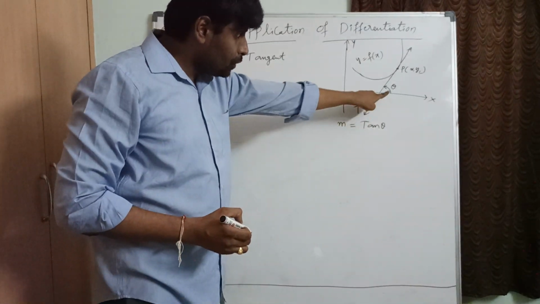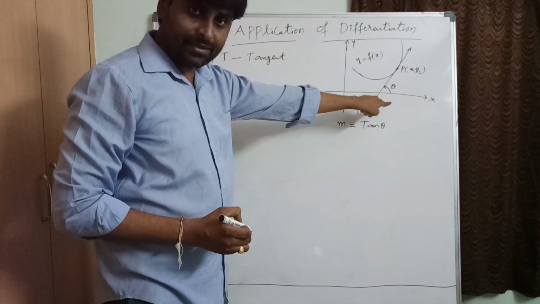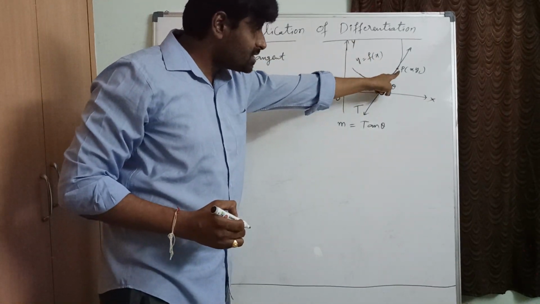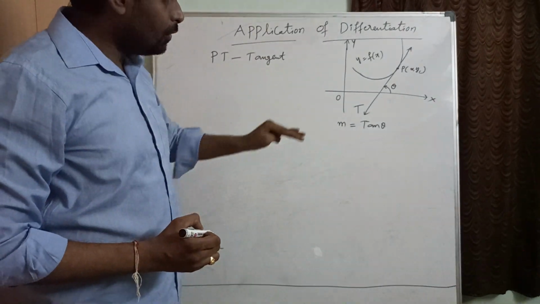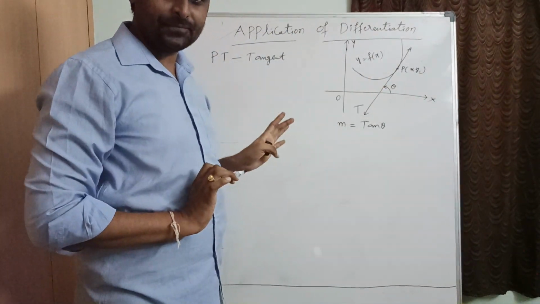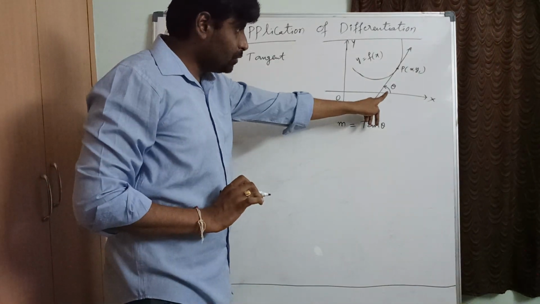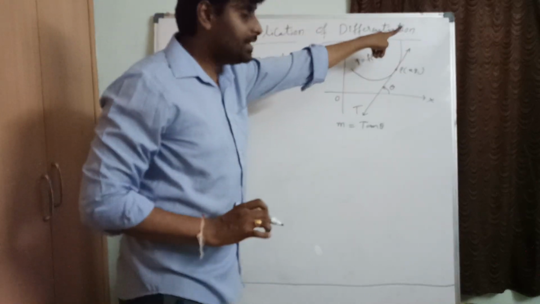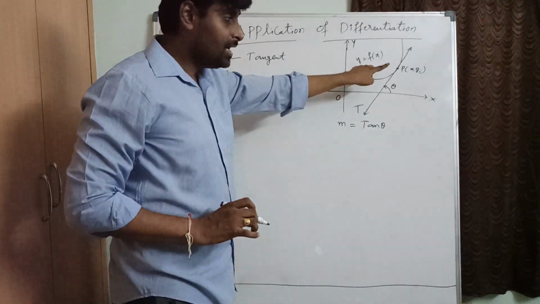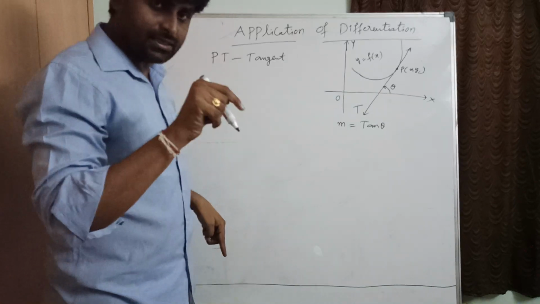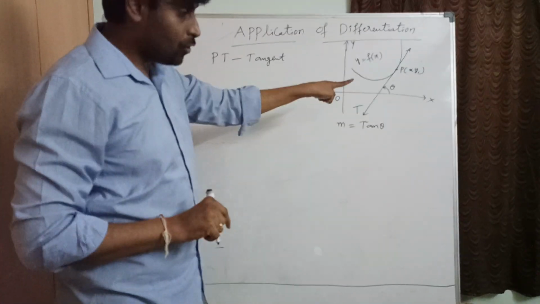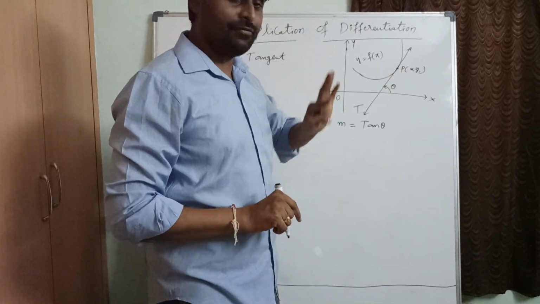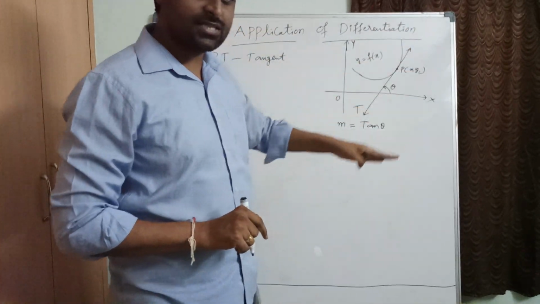For example, if you don't know the inclination of this line, just by using this curve and this point of contact, how can you find the slope of the tangent line? Let me repeat. If you don't know the inclination of the tangent line, you are just given the equation of the curve y equals f of x, and the point of contact where it touches the curve is also given. Then by making use of this curve and this point of contact, how can you find the slope of this tangent?